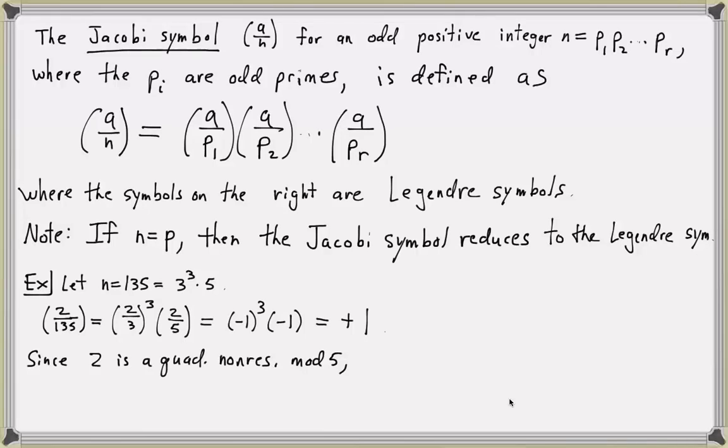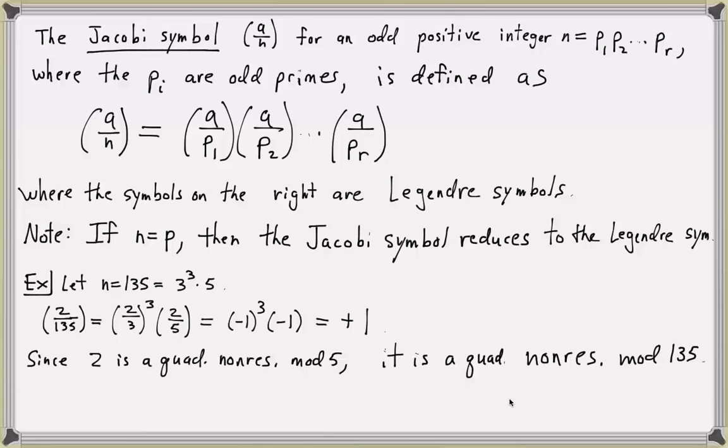But the Jacobi symbol 2 over 135 equals 1.